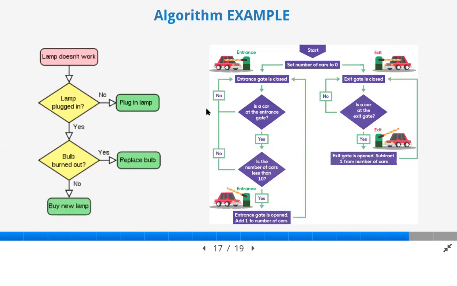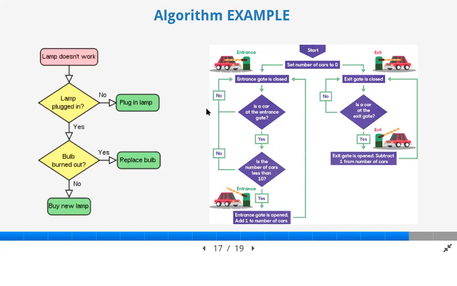And another more specific example of an algorithm is the parking area. Okay. So at the entrance gate, the driver cannot go inside the parking area because the entrance gate is closed.